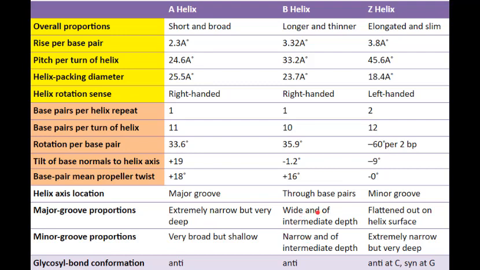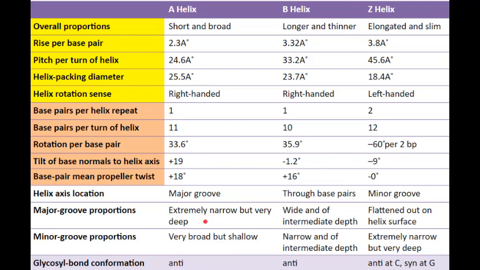But when you look at A-DNA, I told you that the two bases are pushed towards the minor groove. So there you will find the minor groove is broad and narrow, but the major groove is broad and shallow, because the base pair is pushed towards the minor groove, and then the major groove will become narrow.